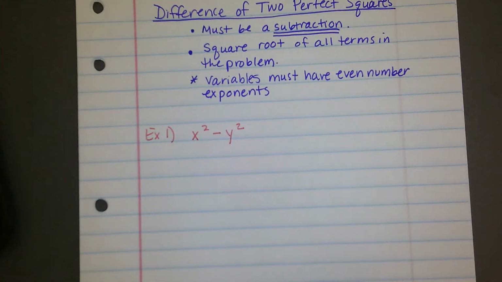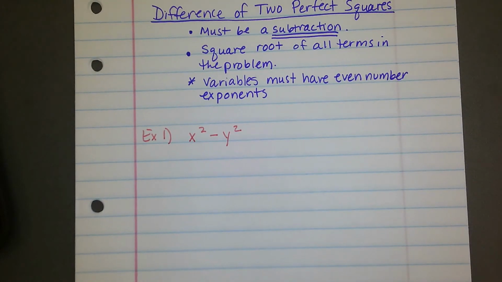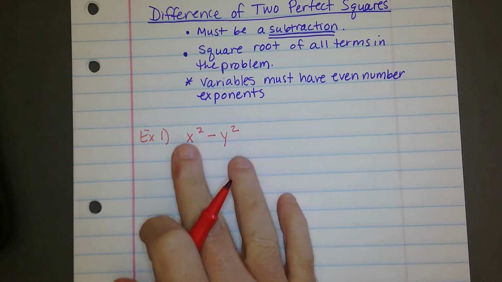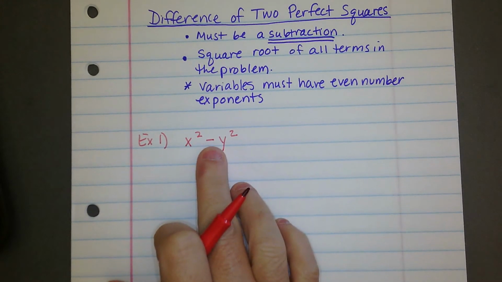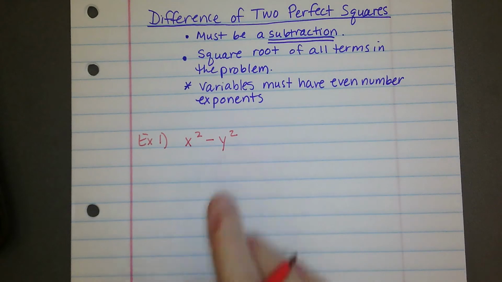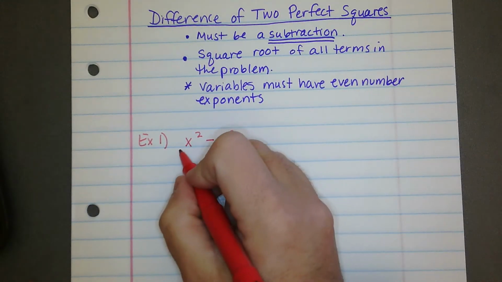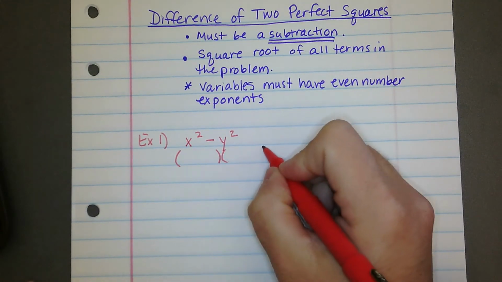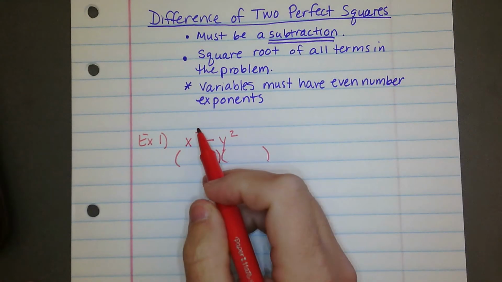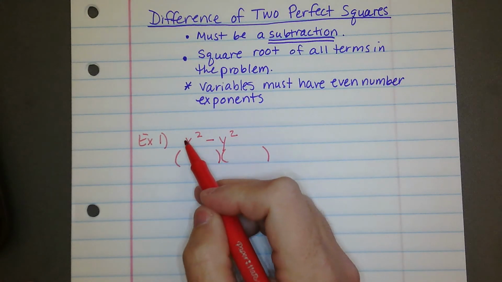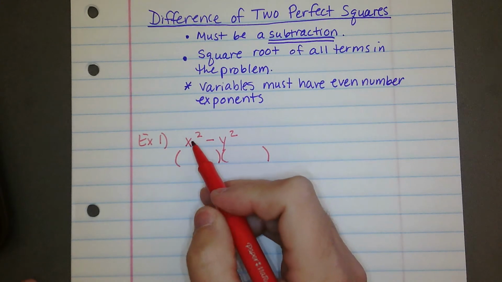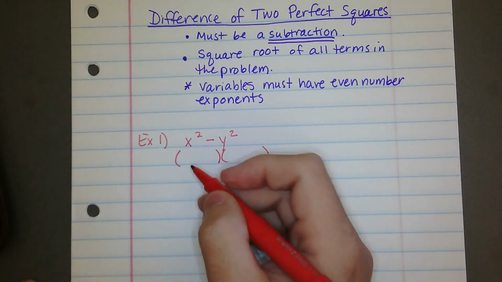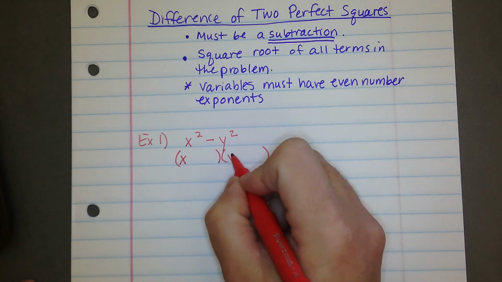This example represents the basic difference of two perfect squares model. The reason being is you've got two terms separated by a subtraction sign, and the variables have even number exponents. So this one is ready to be factored. When you are doing a difference of two perfect squares, you're going to have two sets of parentheses. For the exponents, you're going to divide them into two equal parts. So x squared is going to divide into x times x.